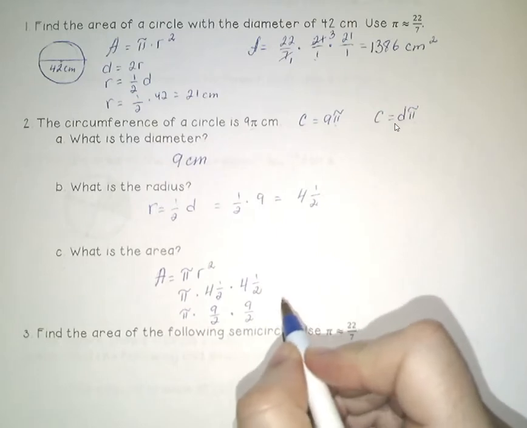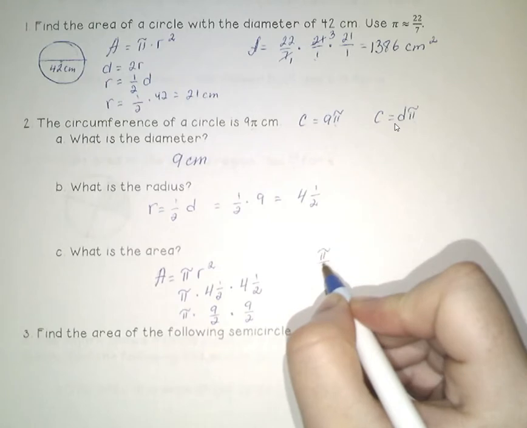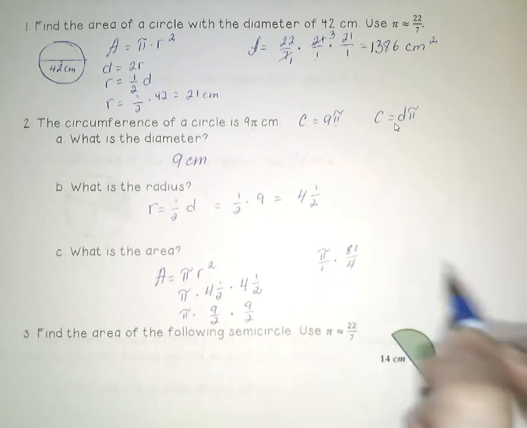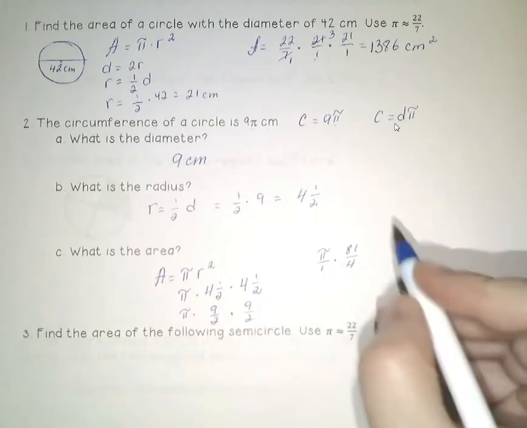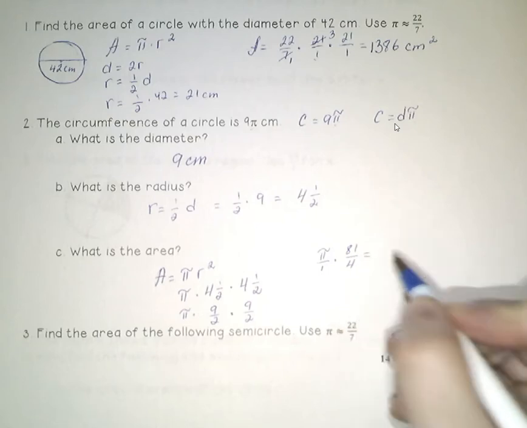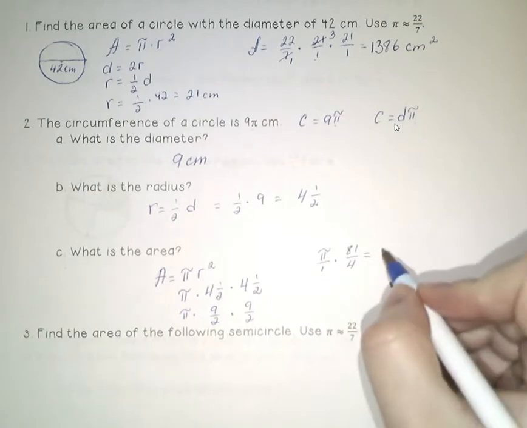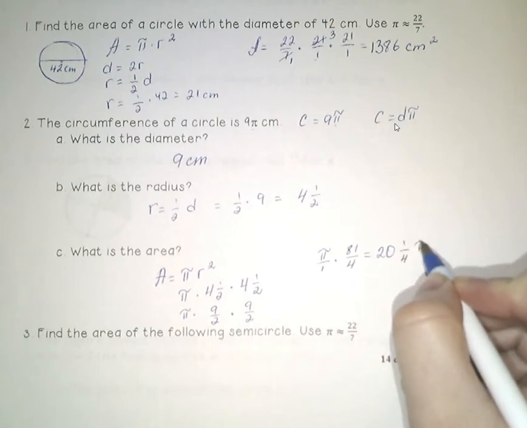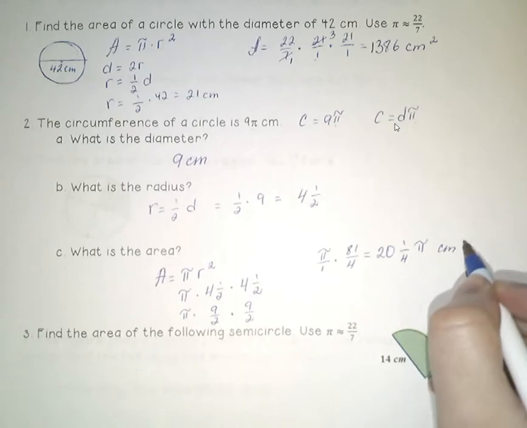There's nothing I can simplify, so I'm going to just multiply pi over 1 by 81/4. 9 times 9, 81. 2 times 2 is 4. From here, I can divide 81 by 4 and I will get 20 and 1/4 multiplied by pi. 20 and 1/4 pi centimeters squared.